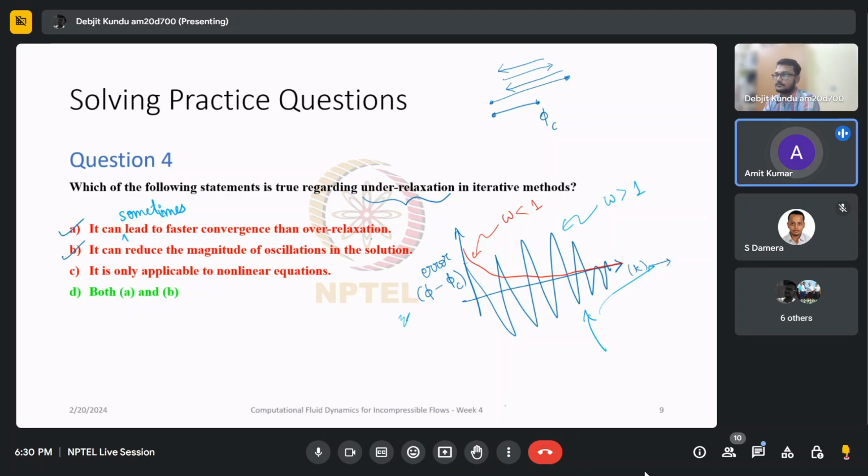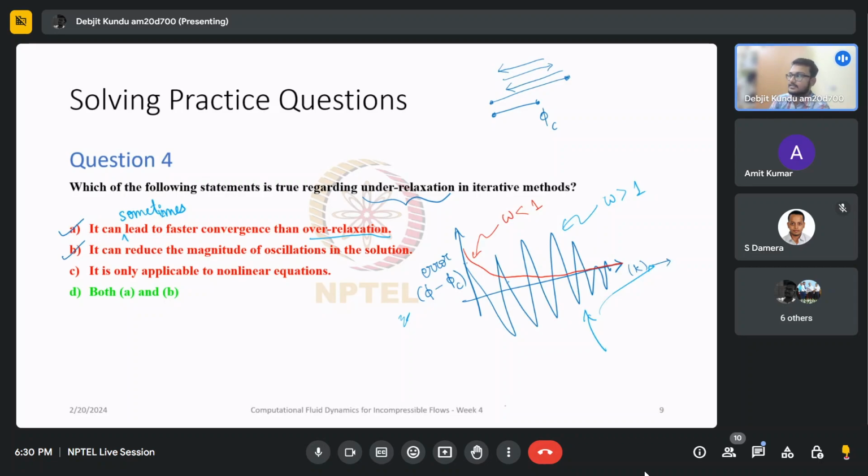Sir, any example where we can differentiate between under relaxation and over relaxation, where over relaxation is actually converging faster? Yeah, so this is a special case. If you over-relax too much, then this risk is there of fluctuating around the converged solution. Only in those cases, under relaxation would be giving you faster convergence, not in all cases.